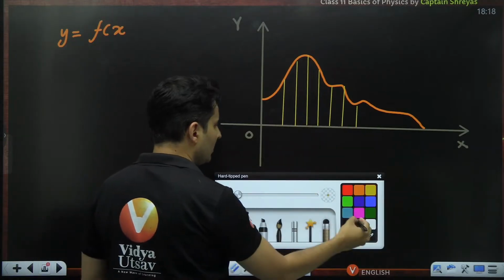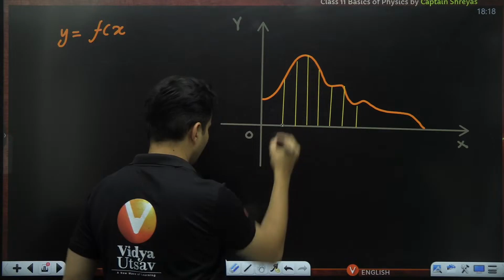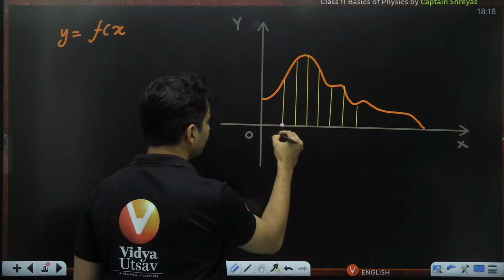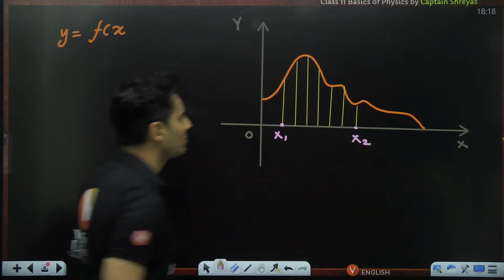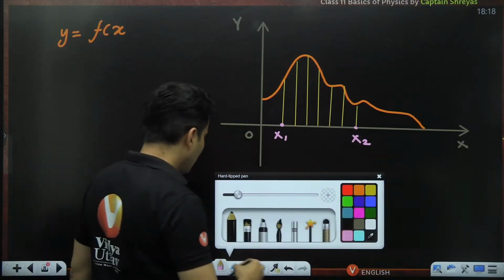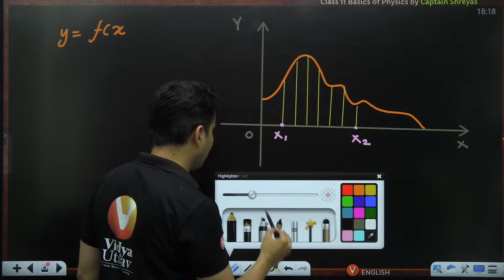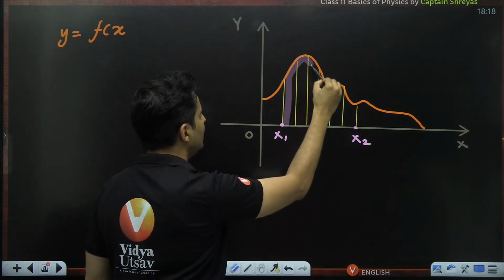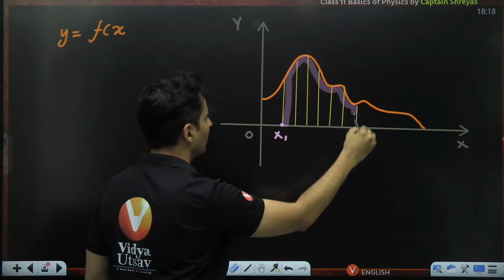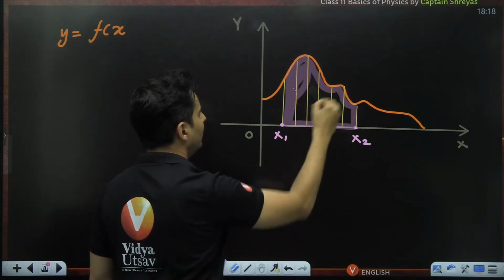Let's say this point over here represents the x1 coordinate, and this point over here represents the x2 coordinate. What do I want to measure? I want to measure this entire area somehow. How do I measure it?